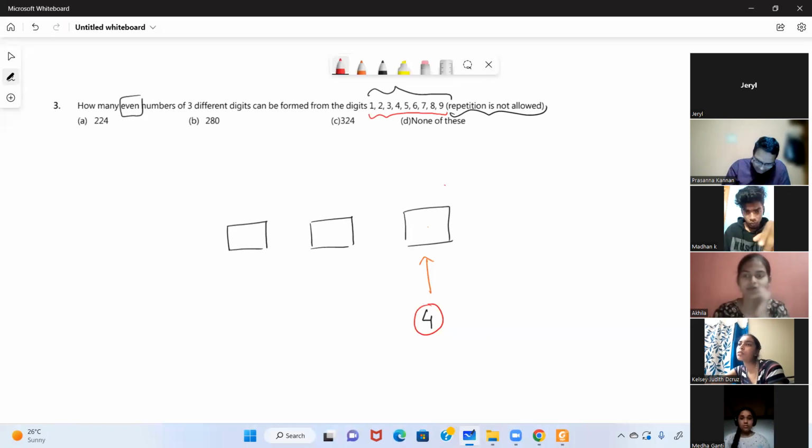Out of that, for filling this place, how many digits are you going to use? Only 1. But options are 4 for you. Either you can fill the number 2, or 4, or 6, or 8, correct?